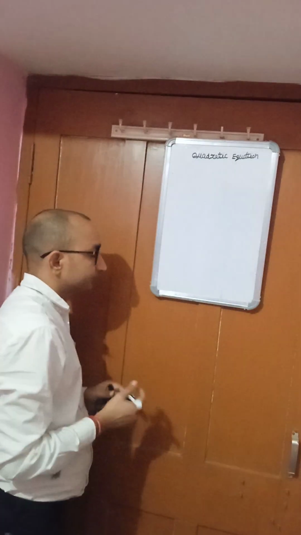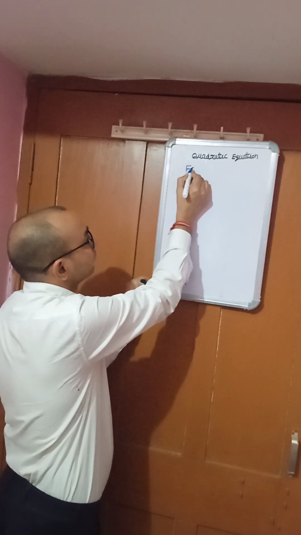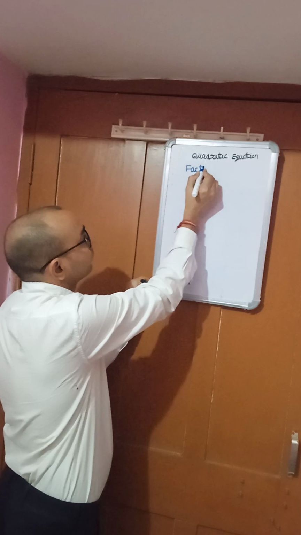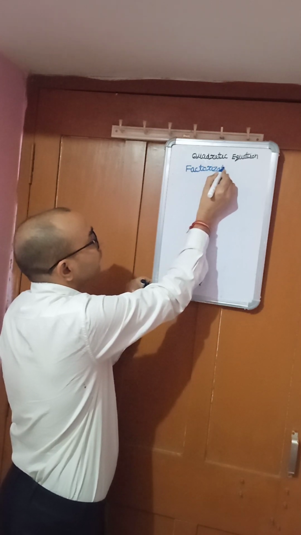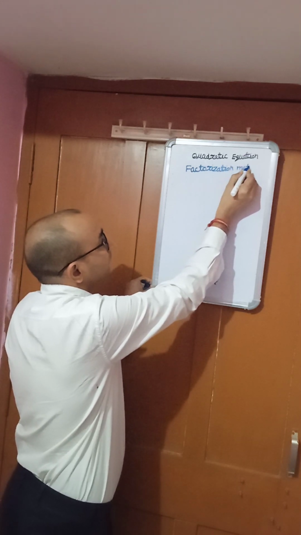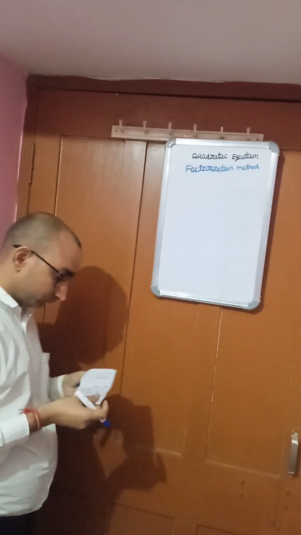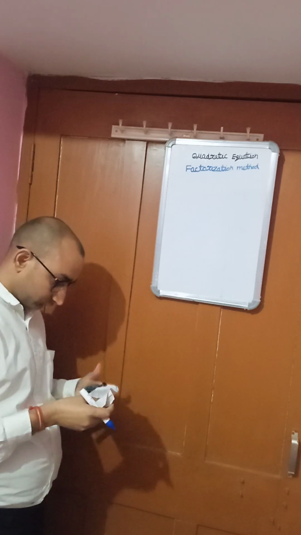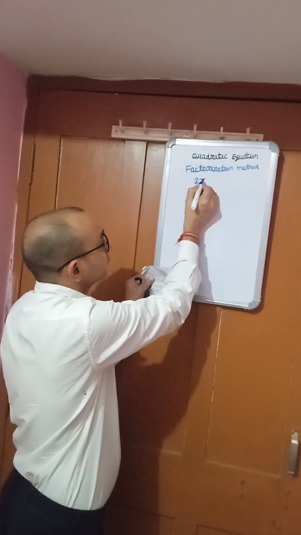So I am going to explain the factorization method by taking one problem. See here, one question: 2x square minus 5x plus 3 equals to 0.